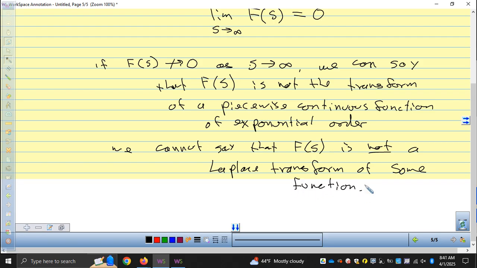There are other kinds of functions that we could consider that have Laplace transforms. So just because our Laplace transform doesn't approach zero, we could say it's not the Laplace transform of a piecewise continuous function of exponential order, but we can't say it's not the Laplace transform of some function.